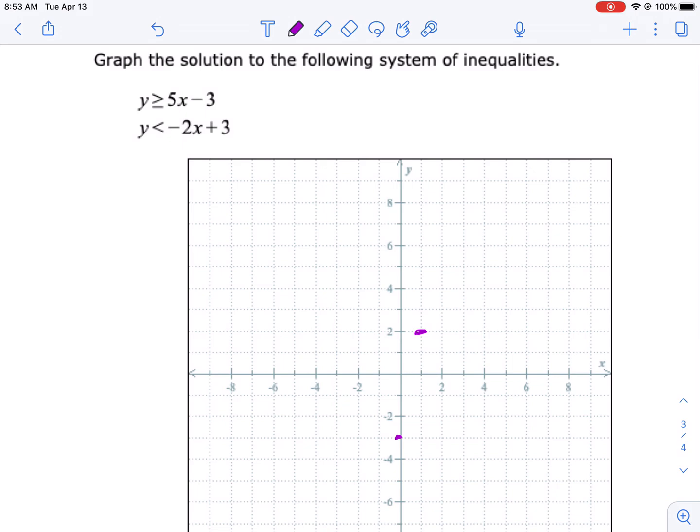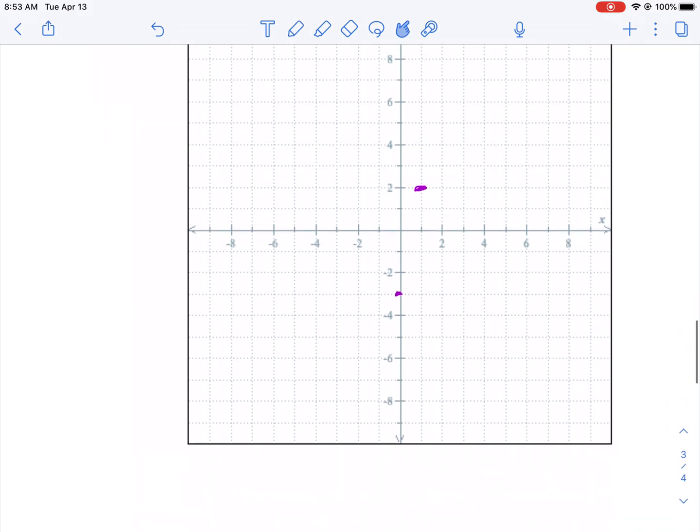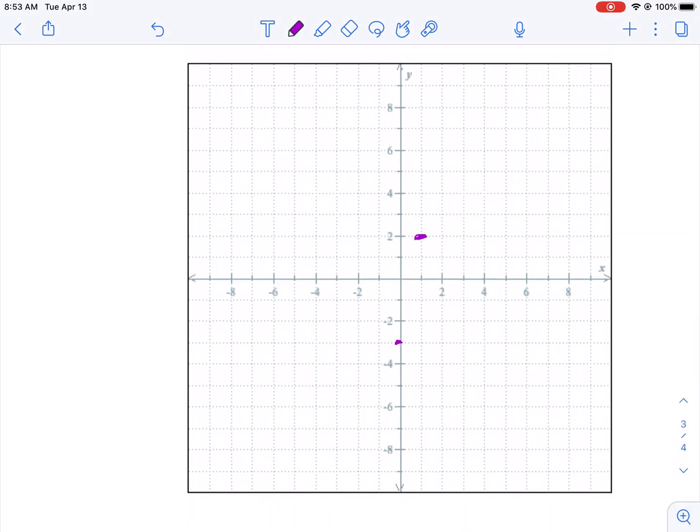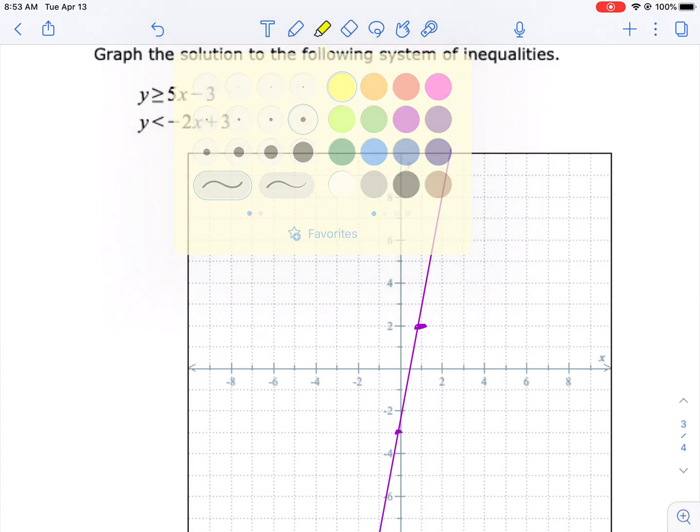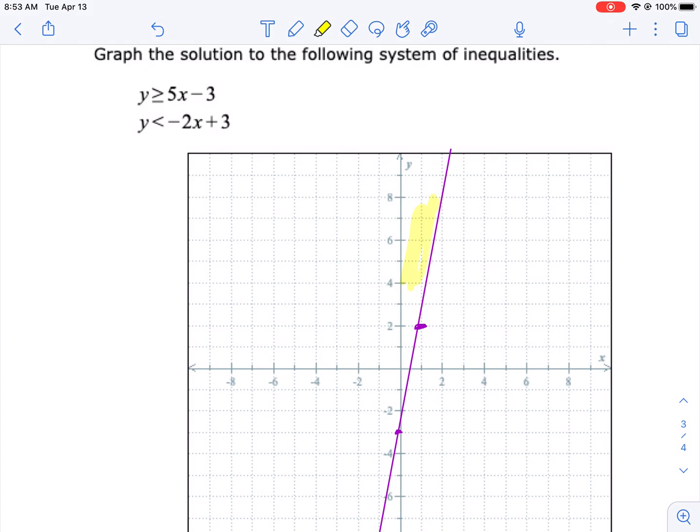Notice it's greater than or equal to, which means it's going to be a solid boundary line. So I'm going to graph a solid line going through those 2 points. And since it's greater than, I'm going to shade above my boundary line. Vertically above means I'm going to go above my line.